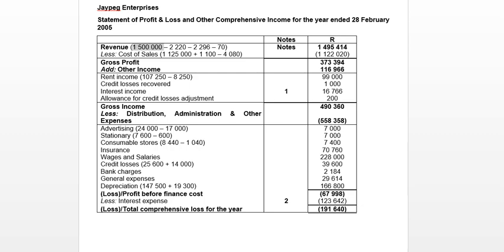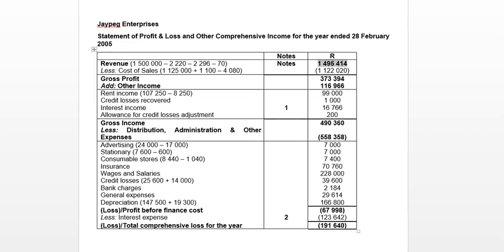Okay, so it's our sales of 1,500 Rand less our sale returns of 2,220 Rand, less your actual settlement discount granted, and then less the provision or allowance for settlement discount granted adjustment. Okay, that gives us a total revenue of 1,495,414 Rand.